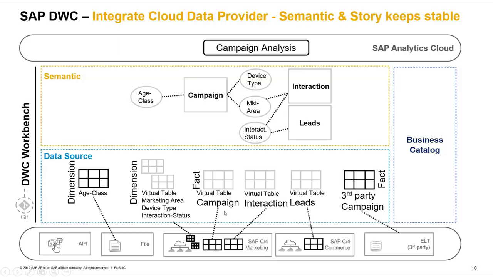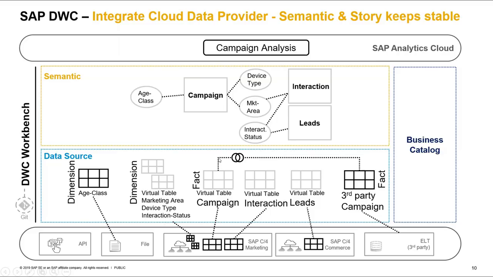As we got the campaign information already loaded as a virtual table into the data source layer and the new campaign information persisted right now, we're using Data Warehouse Cloud to integrate the data using a union or join, based on how you want to integrate the data.